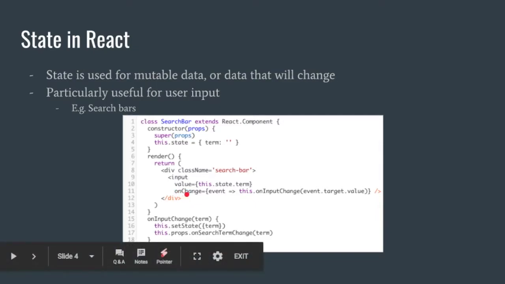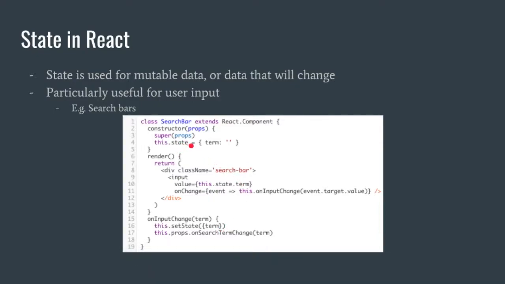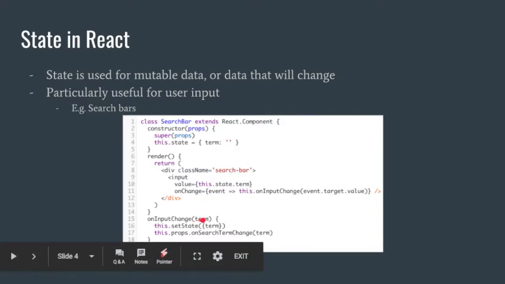Basically what will happen is it'll take that input to this function on input change, pass in the term, and then call this.setState term. What this will do first is go to this object and update term key value pair with whatever was passed in here.